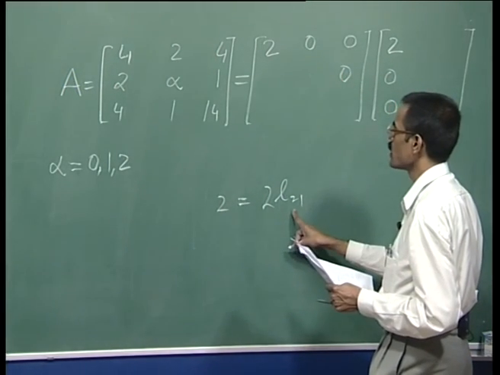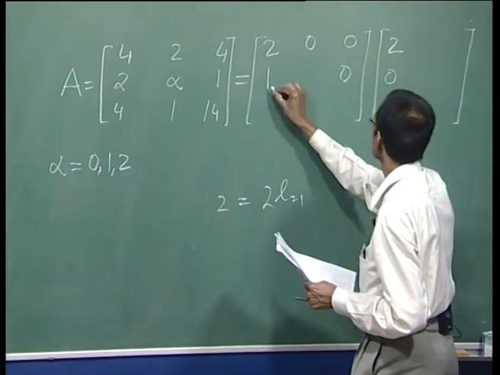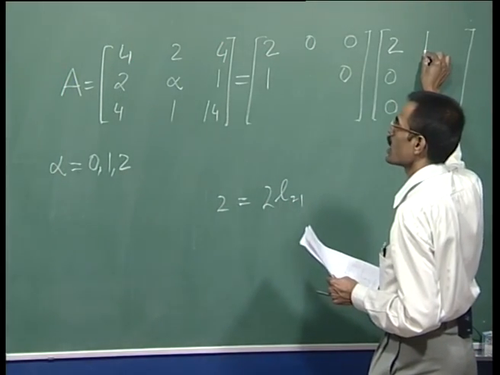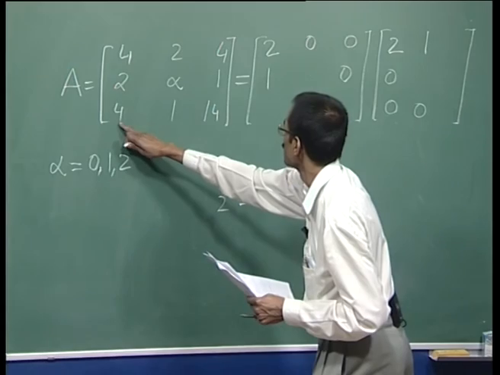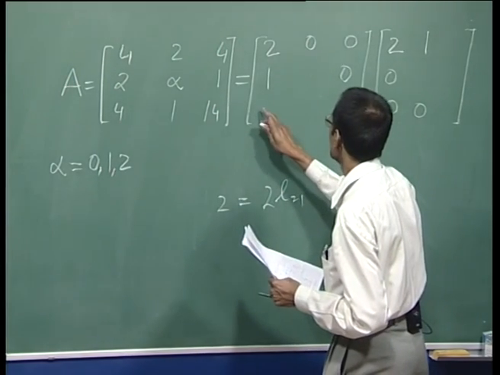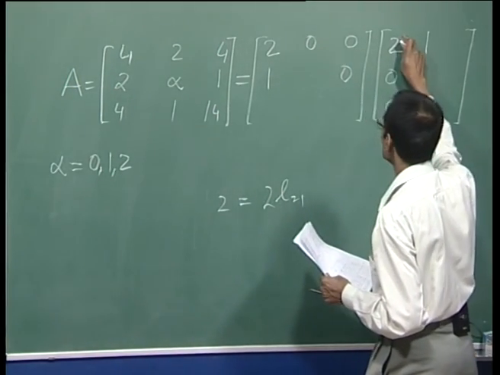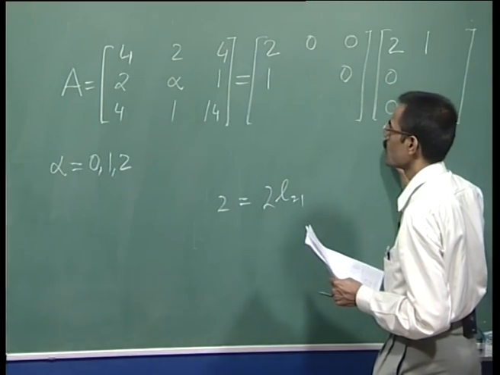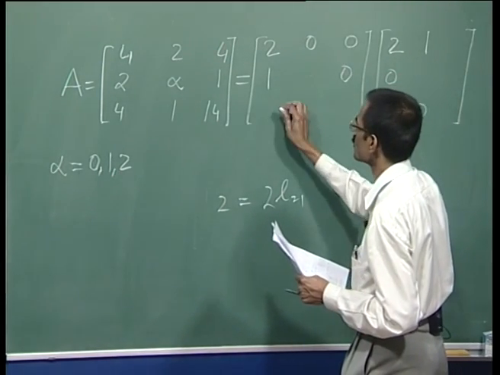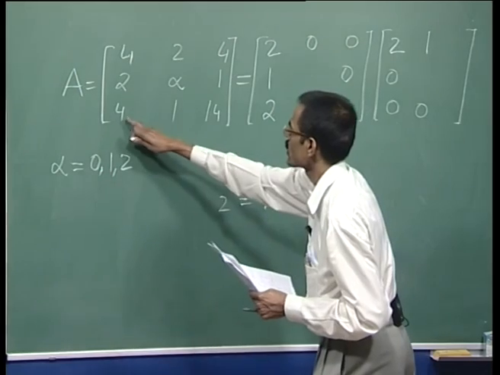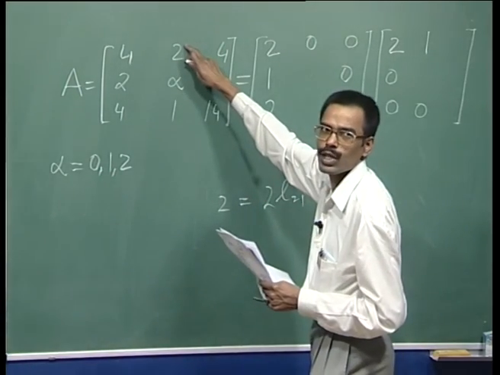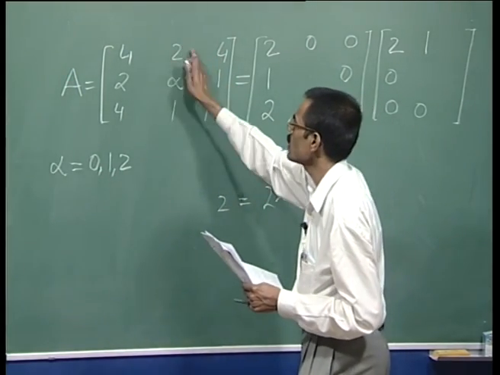That means L21 is 1. So, we get 1 here, 1 here. Next, for this term, we have something into 2 plus 0 plus 0, so that something should be 2. We get this correctly. For this, we do not need to do any computation because the matrix is symmetric.